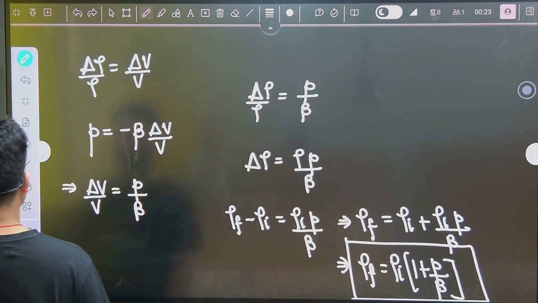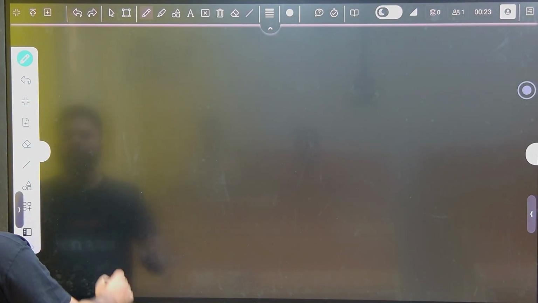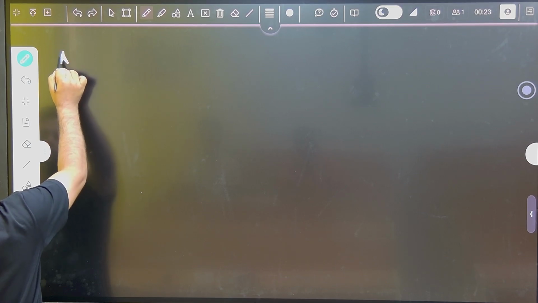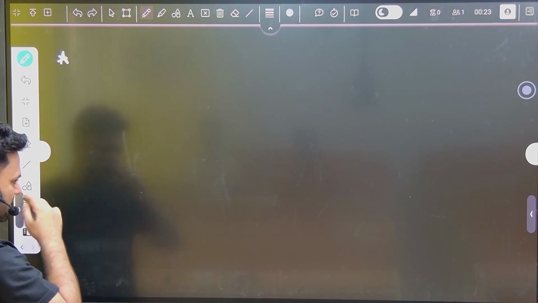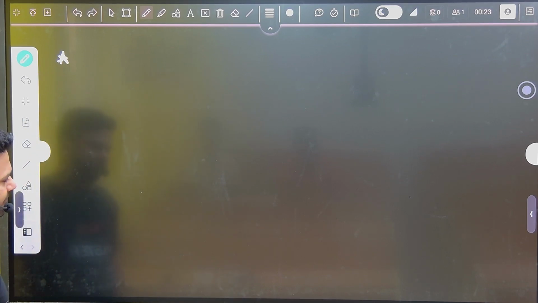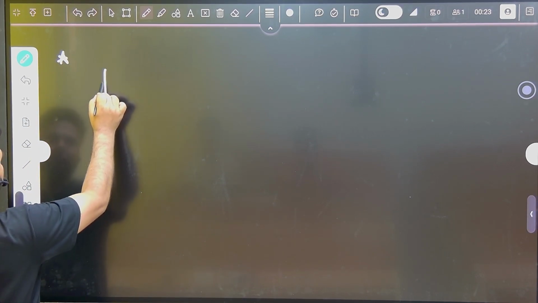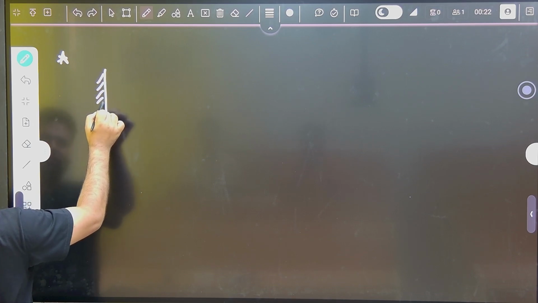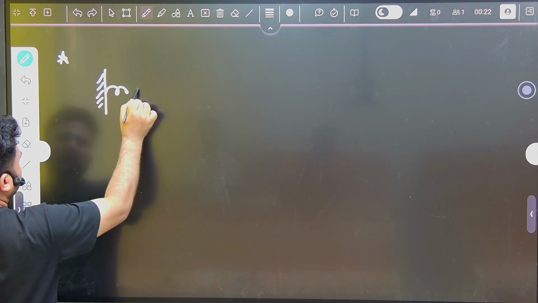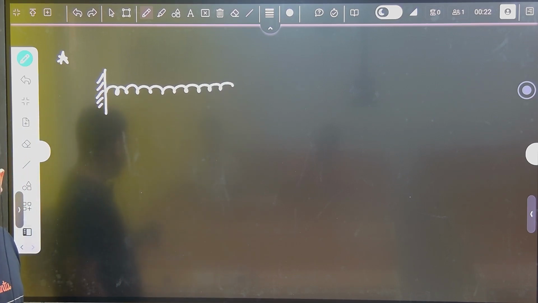See, suppose there is a spring. I don't know how many of you have studied that spring concept. If you don't know, I will just explain.